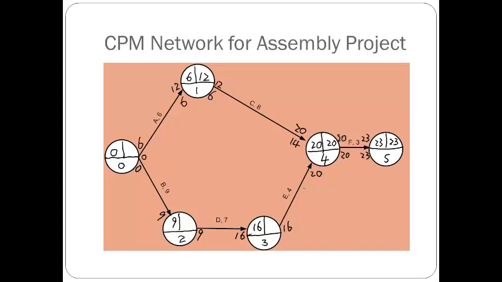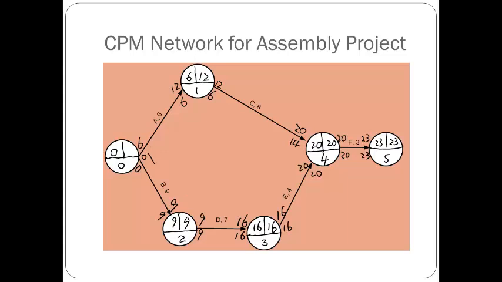Now here, this one, 20 is the latest start time, and it takes 4 days, so 16. So 16 becomes here, and 16 becomes here. 16 takes 7 days, so 9, and 9 here, 9 here.